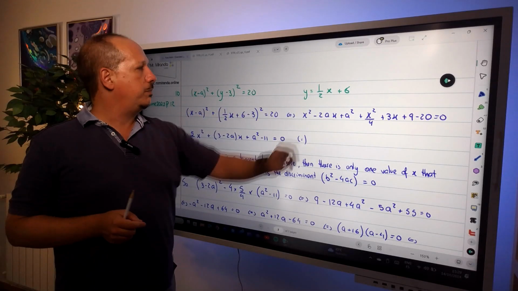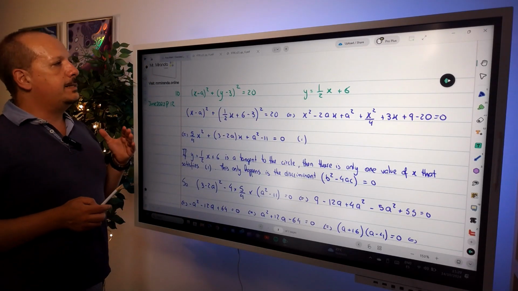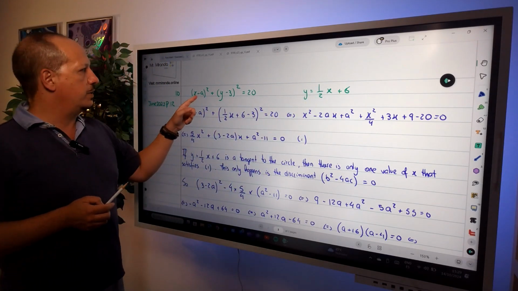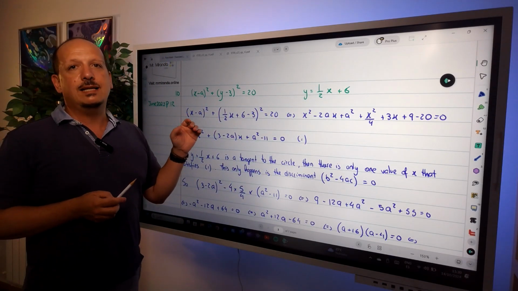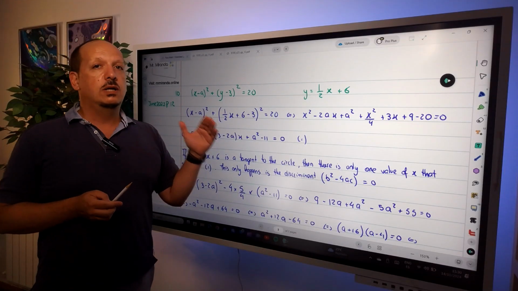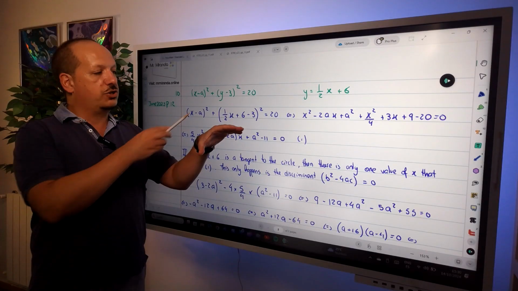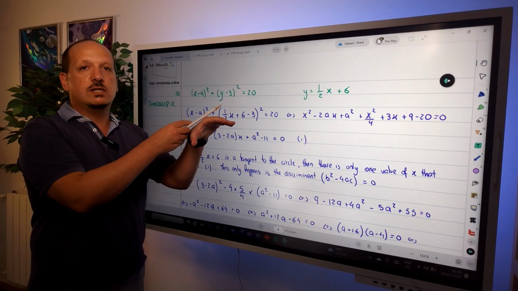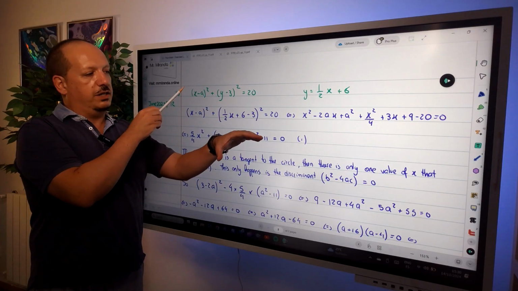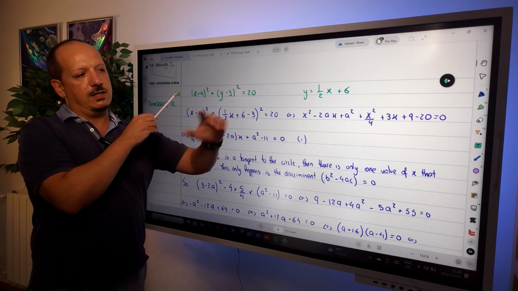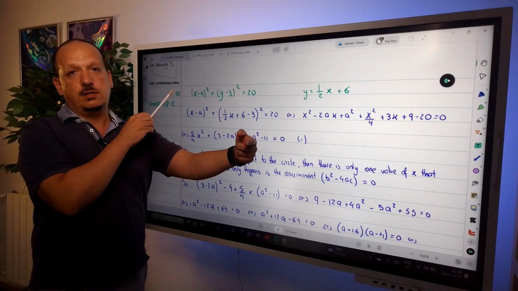So here you have the information being provided. And if you know that this line is a tangent to the circle, you know that the line is going to touch the circle only once, right? It is a tangent, so it touches the circle only once. Imagine here a circle. Here it doesn't touch at any point.